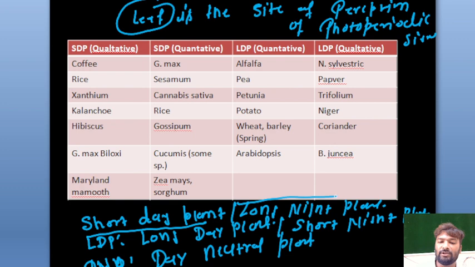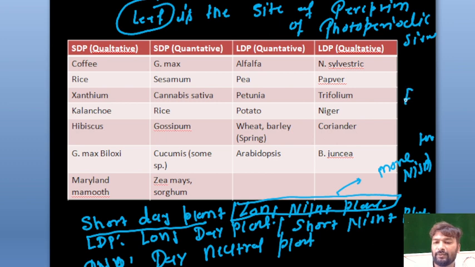So what is the meaning of that? The meaning is that short day plants require more night time. In these plants the flowering process is accelerated if we give a night period longer than the critical day length. What is the critical day length?